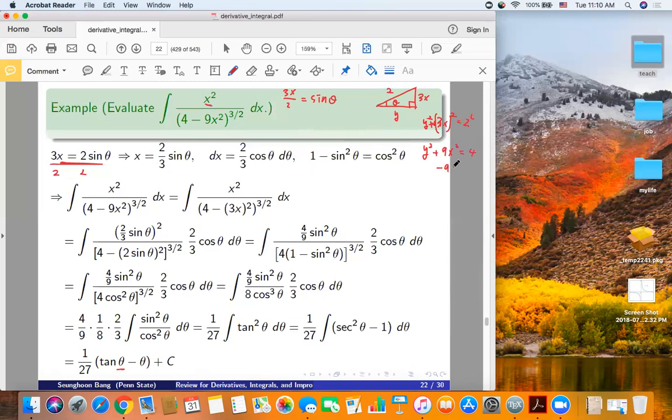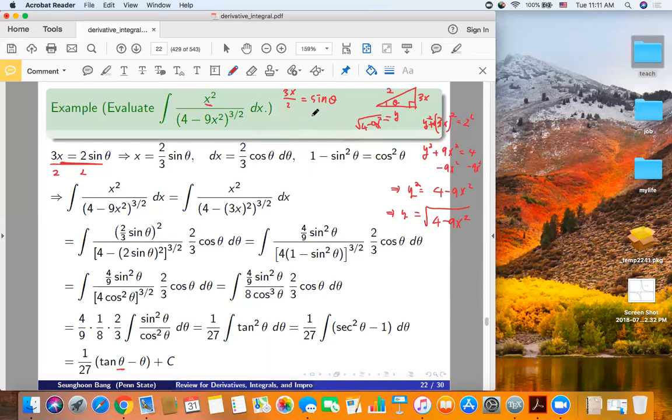Subtract 9x squared from both sides: y squared equals 4 minus 9x squared. Take the square root: y is the square root of 4 minus 9x squared. You plug that in here.